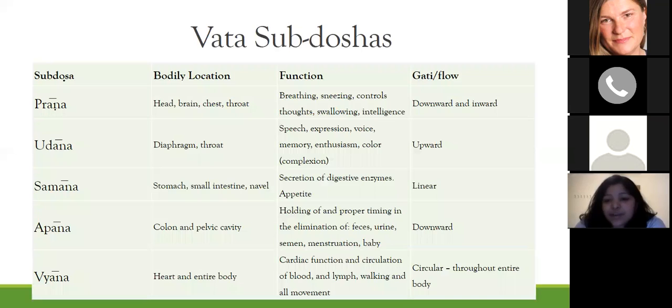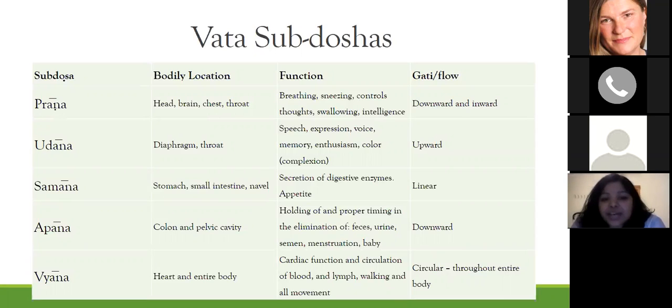So, therefore, now we look at the actual functions of Vata. Okay, so we looked at the qualities, but these qualities can be associated with different parts of the body. So how do we know that the Vata, or the space and air element in the body, is carrying out certain functions?